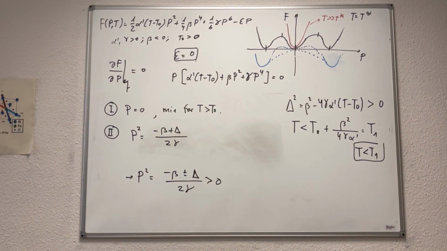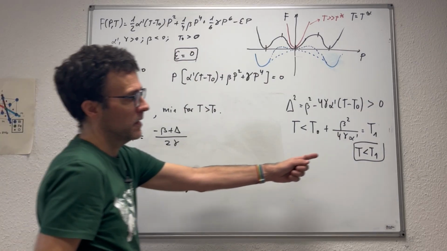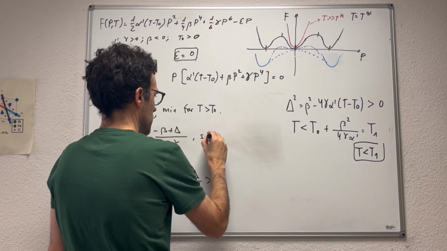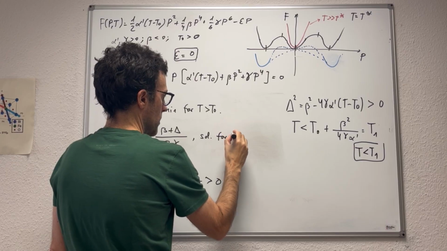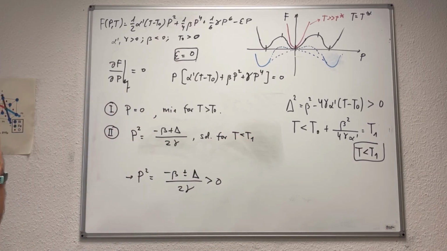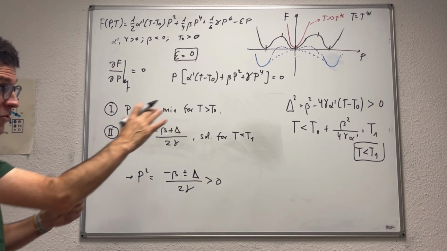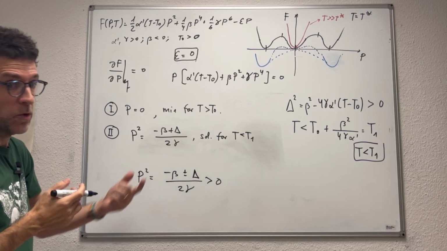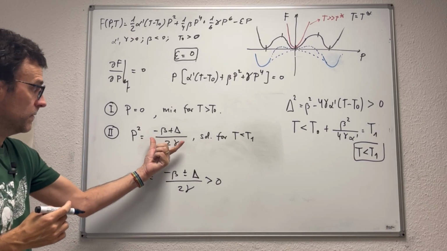Okay? So provided that the temperature is below T1, solution for T smaller than T1. Provided that the temperature is below this T1, it has emerged naturally from the combination of the parameters in the model, this solution always exists because this thing is positive.